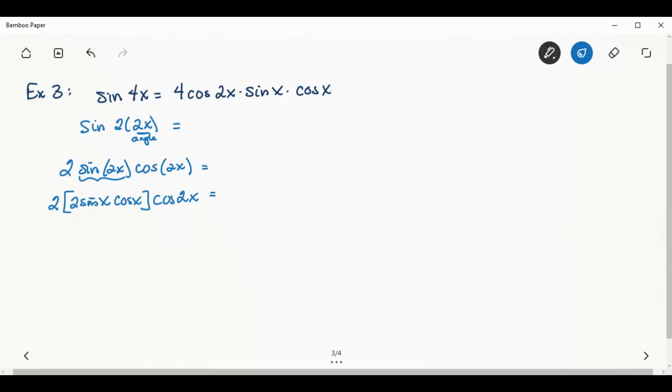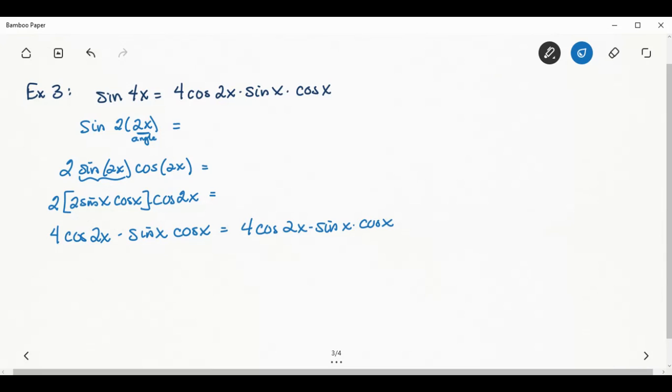This expansion then, if we multiply, we have 4 cosine 2x. We rearrange because, multiplying, order doesn't matter. And then we're going to multiply by sine x, multiply by cosine x. And that is exactly what we want on the other side.